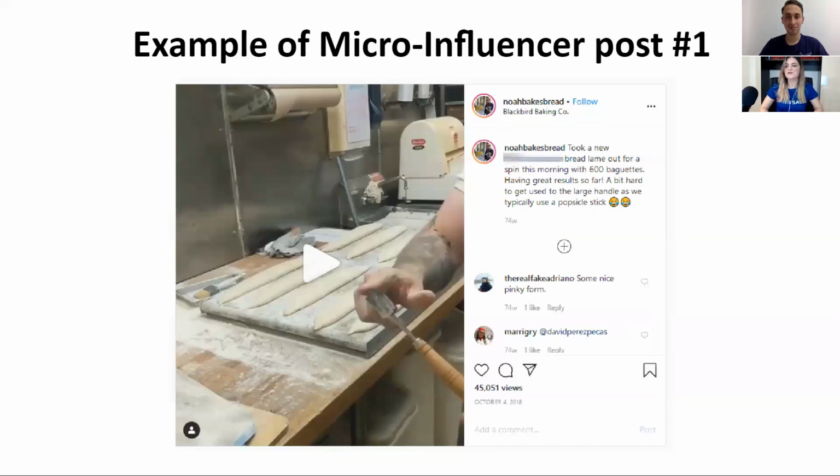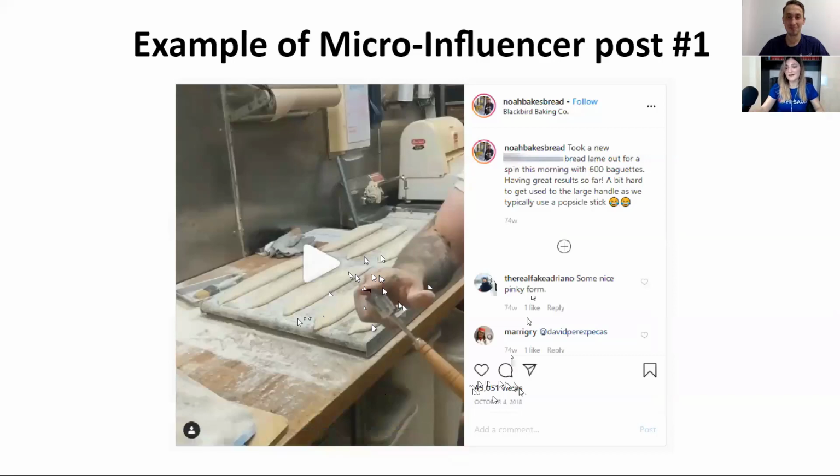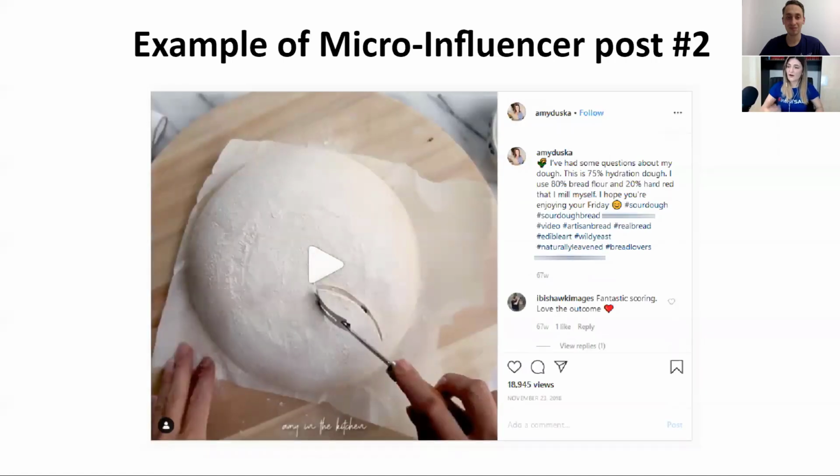He just posts a video while using this scoring tool for the baguette, and we managed to get more than 45,000 views with no paid ad. So I think the results are awesome. We are going to the next example.